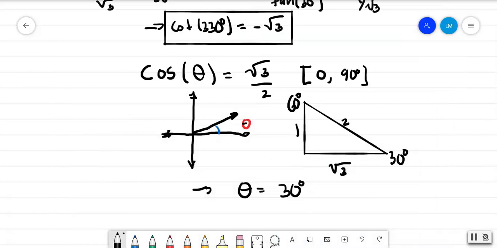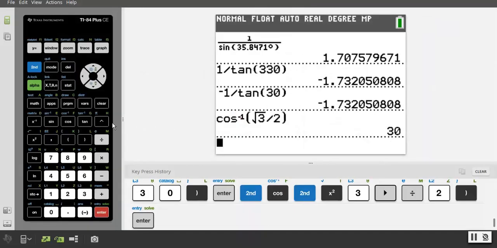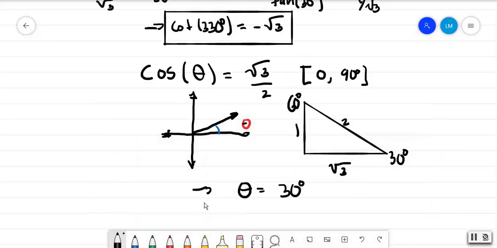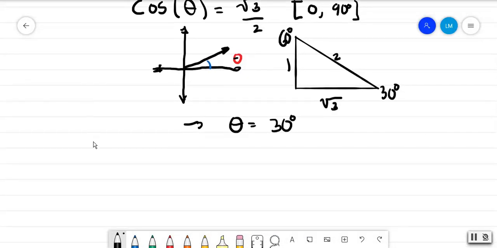So that was actually not too bad. Now, of course, say for example you have sine of theta equals 1.71, and it's the same restriction from 0 to 90.